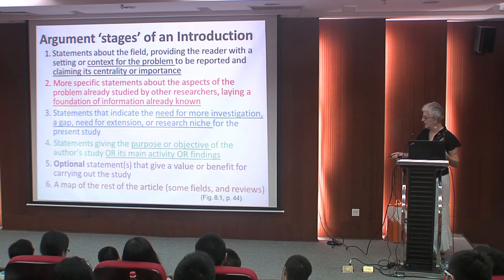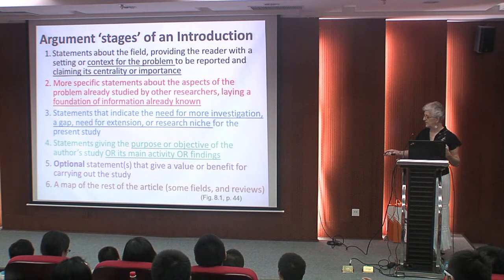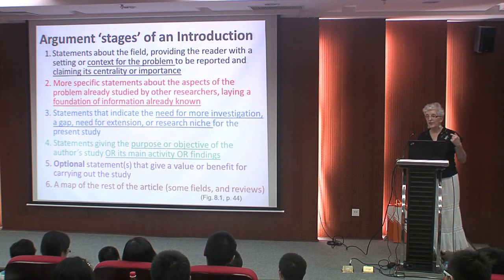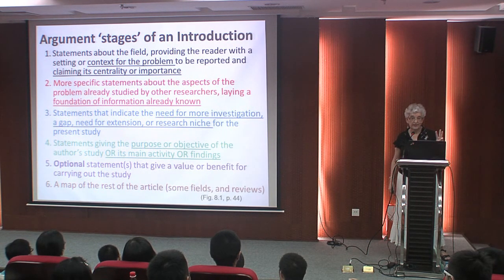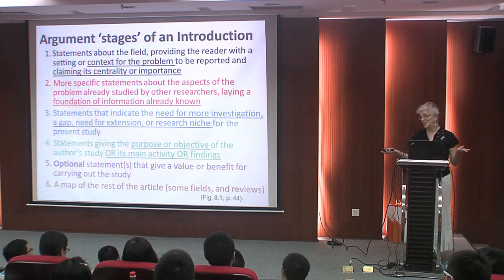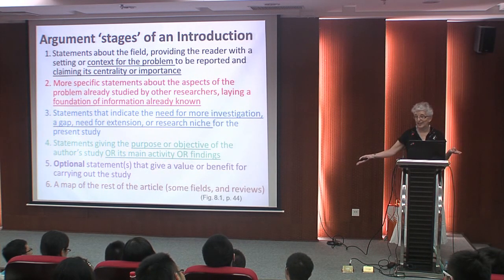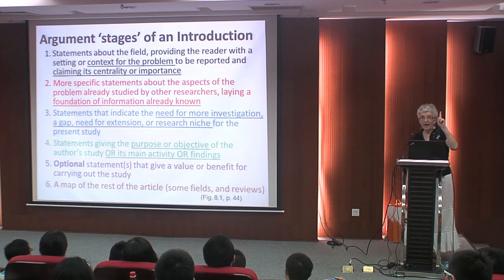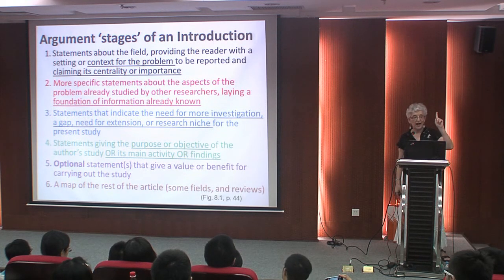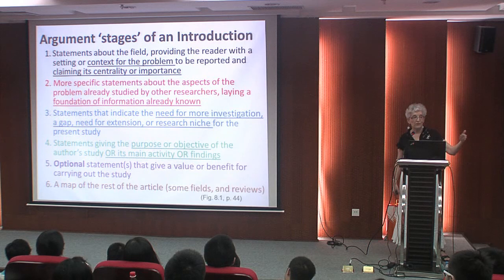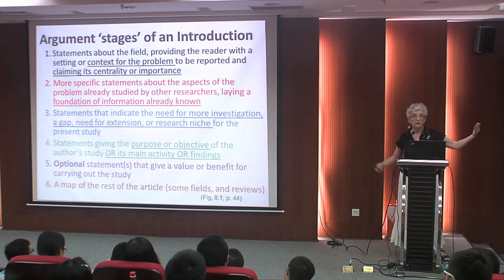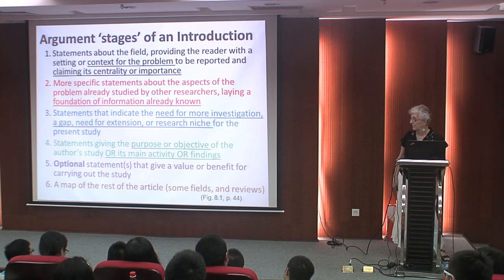Then, in green type, we have stage 4, and these statements appear in 3 different forms. You can find out which kind by looking in your target journal. Either stage 4 looks like a purpose or objective: therefore, the aim of this study was to do something.